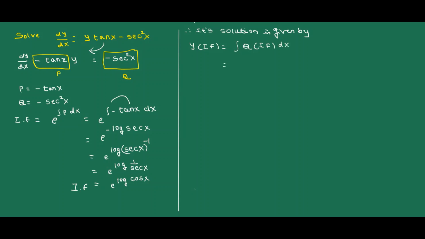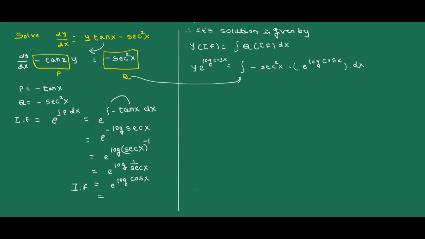Substitute the value for integrating factor: y into e raised to logarithm of cos x is equal to integration of, substitute the value for q, minus sec square x into, what is integrating factor? Integrating factor value is e raised to logarithm of cos x into dx.